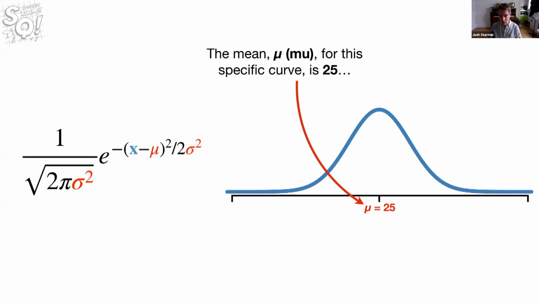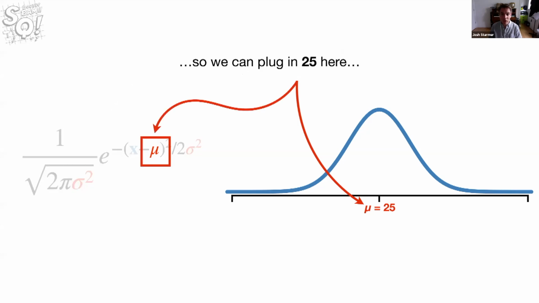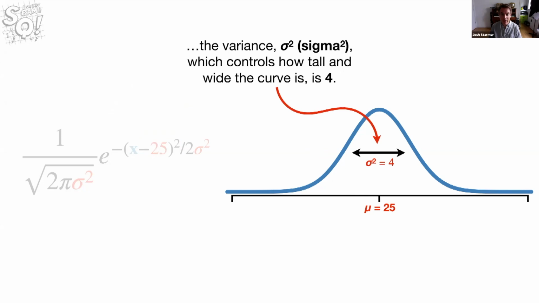The mean, mu, for this specific curve is 25. So we can plug in 25 here, and the variance, sigma squared, which controls how tall and wide the curve is, is 4.